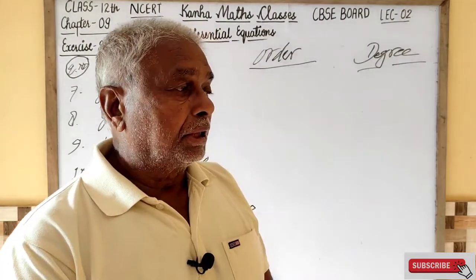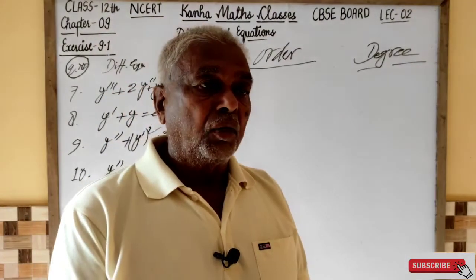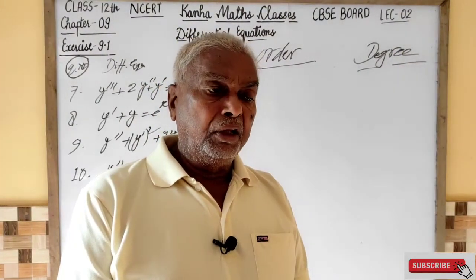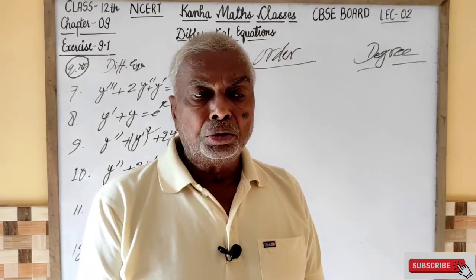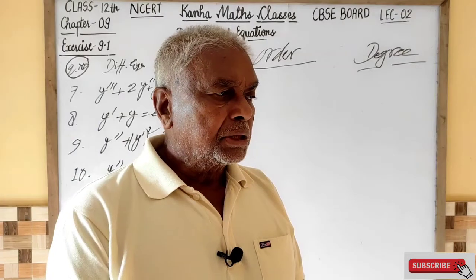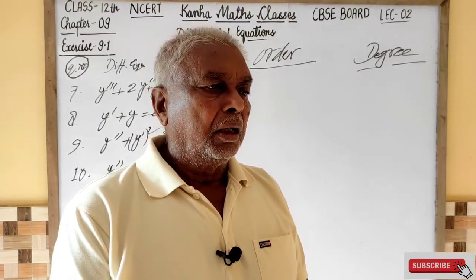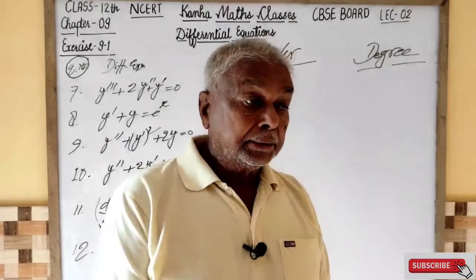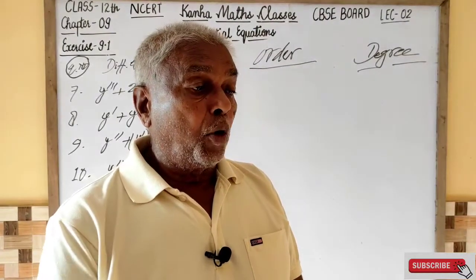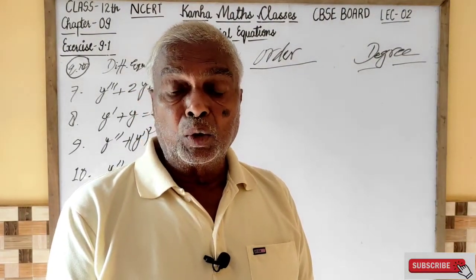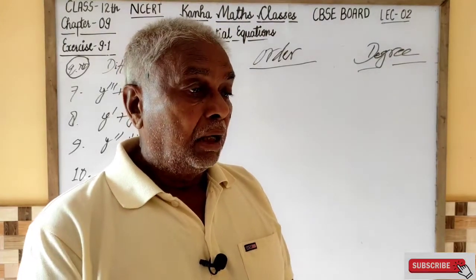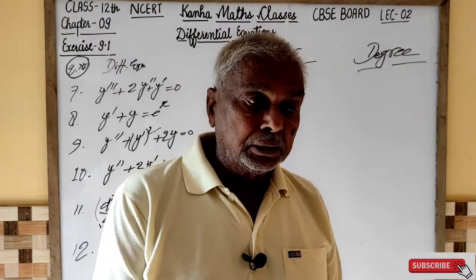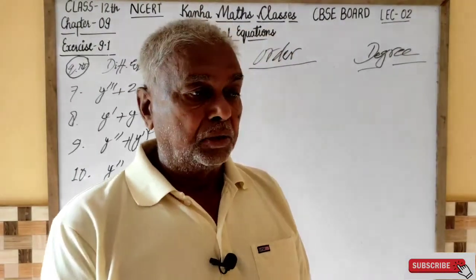In brief, we have already stated y dash, y double dash, y triple dash, and for more than 3 we have advised you to use y m. It means the derivative order. Y dash means of the order 1, y double dash means the order 2. Hence the highest order of the derivatives in the polynomial is known as the order of the differential equation, whereas the power of the highest order derivative in the polynomial is known as the degree of the differential equation.